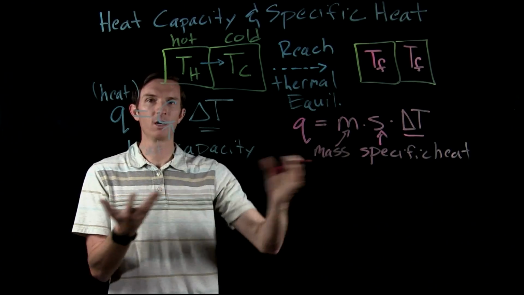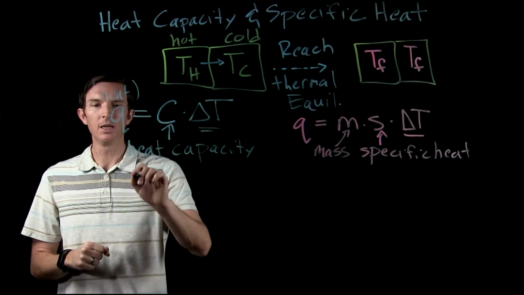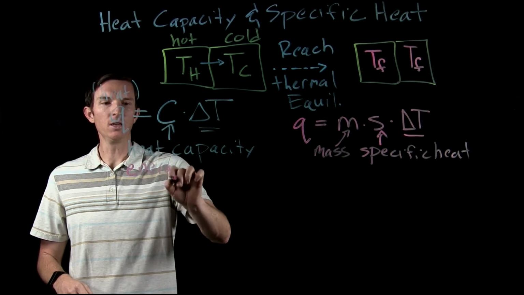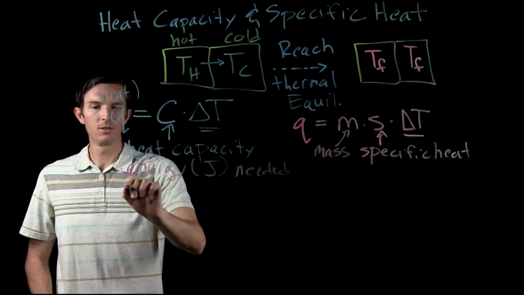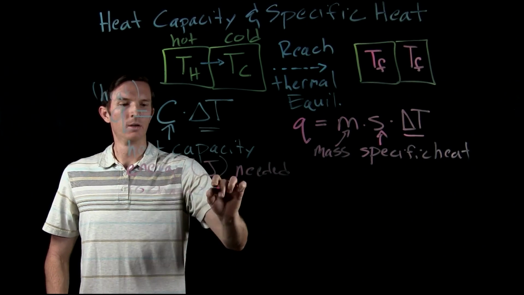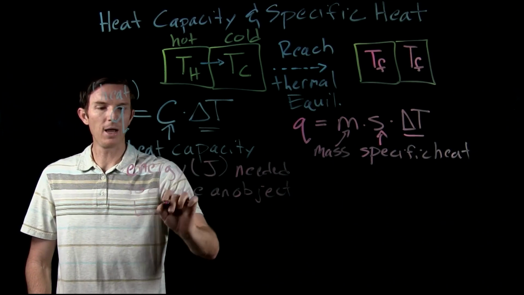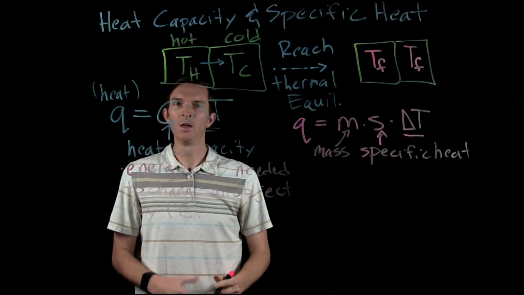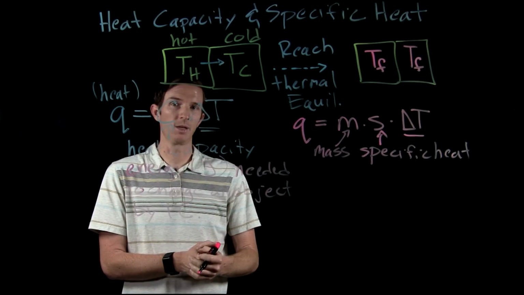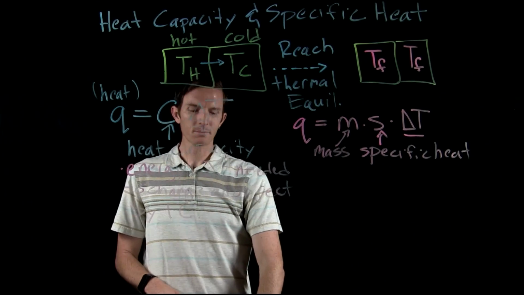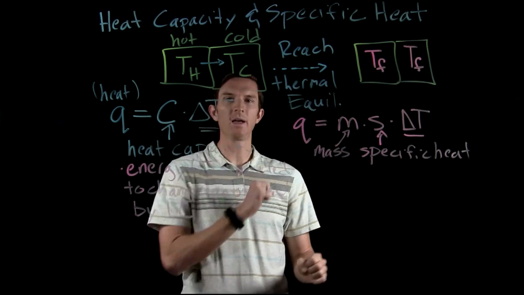So let's go ahead and look at why we would talk about these two. Heat capacity is the energy, so that would be joules, needed to change an object by 1 degree Celsius. We take an object, we change its temperature by 1 degree Celsius, and that's how much heat is required to make that happen. When we're talking about specific heat, we also have this mass component.